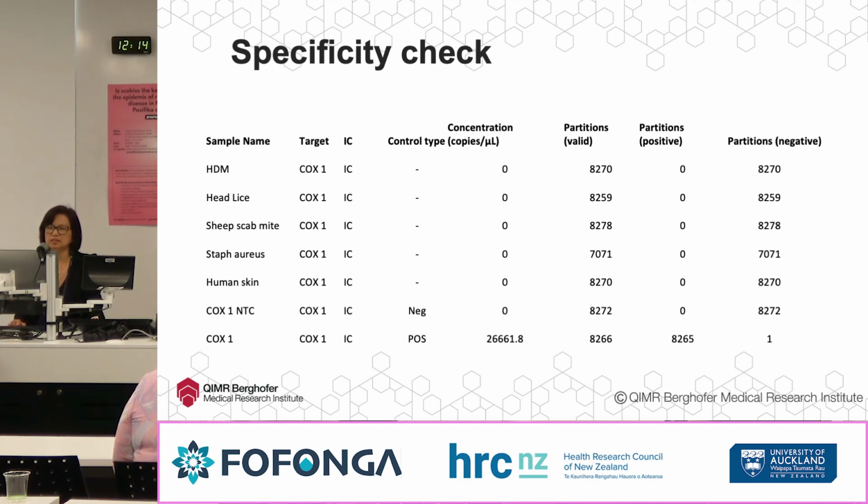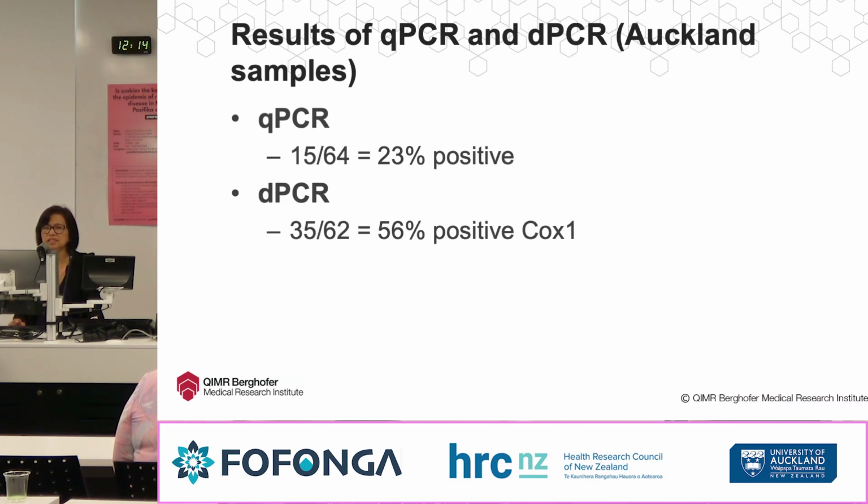But just to have a quick check, we went back to the qPCR that we earlier performed, that were collected in the surveys here. From the qPCR, we have a 23% positivity rate. When we reran the same samples, we now have an increased positivity rate of 56% using the newest modification, or newest technology, which is the digital PCR.